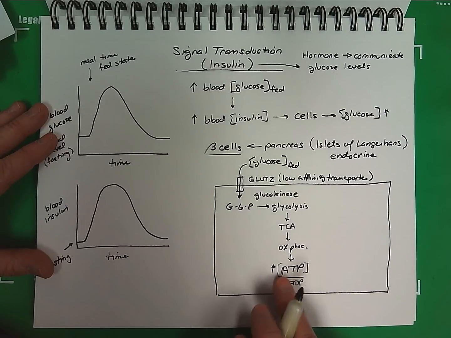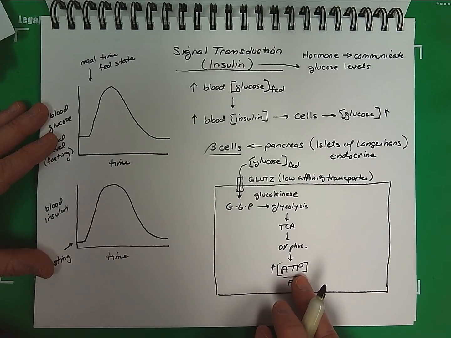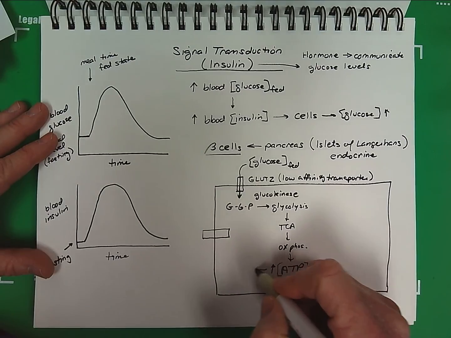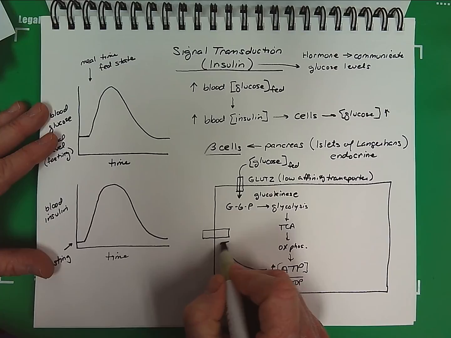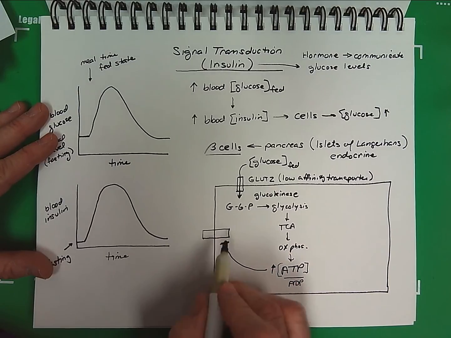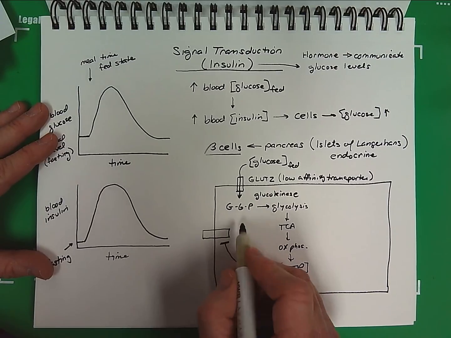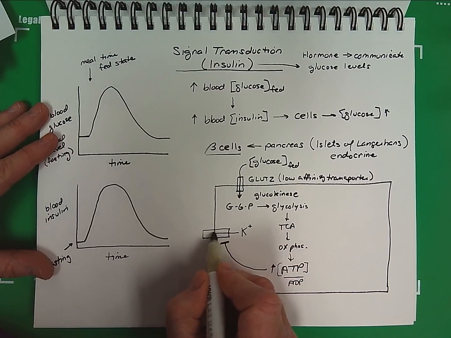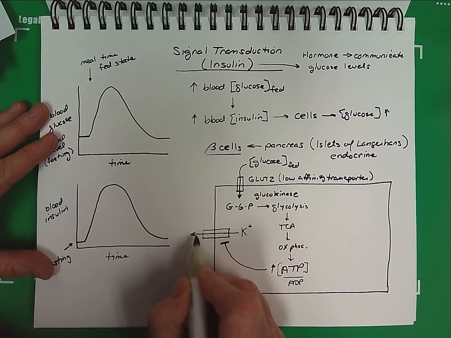So the elevated concentrations of ATP are going to be affecting a change in the cell's physiology and behavior. Specifically, the elevated ATP concentration is going to be inhibiting an ion channel. This ion channel is responsible for transporting potassium out of the cell.